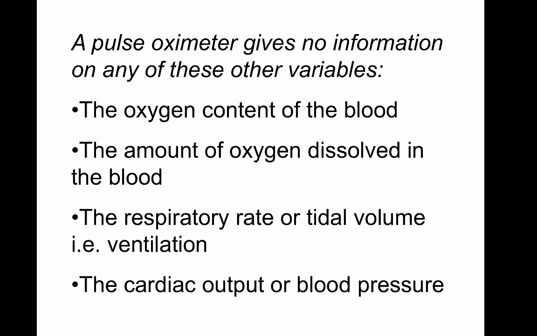It doesn't give us any ventilation data. And it doesn't tell us the cardiac output or blood pressure. But it is a very important piece of information preoperatively and postoperatively. And when we go on bypass, pulse oximetry is not so meaningful because we generally do it with non-pulsatile flow.